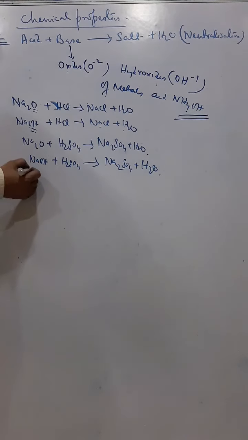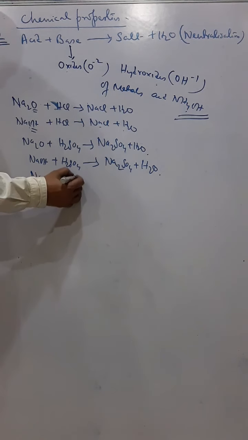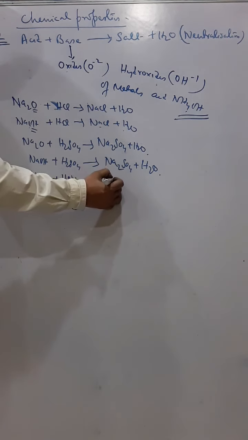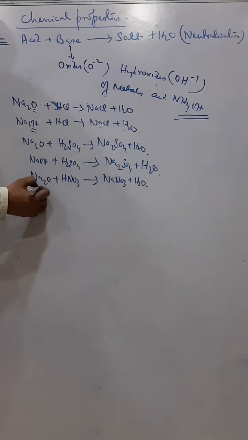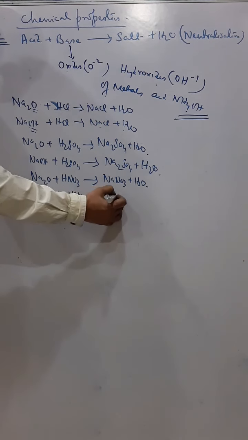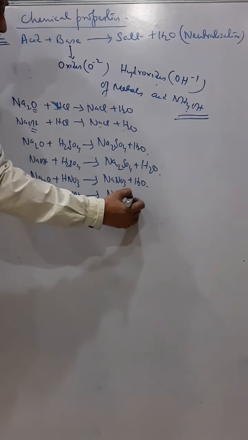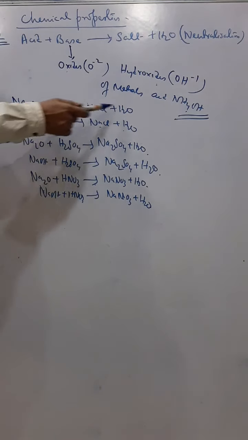And similarly, if you take nitric acid, say Na2O plus HNO3, you get NaNO3, meaning sodium nitrate, and NaOH plus HNO3 also gives NaNO3 plus H2O. So in every case, salt and water.